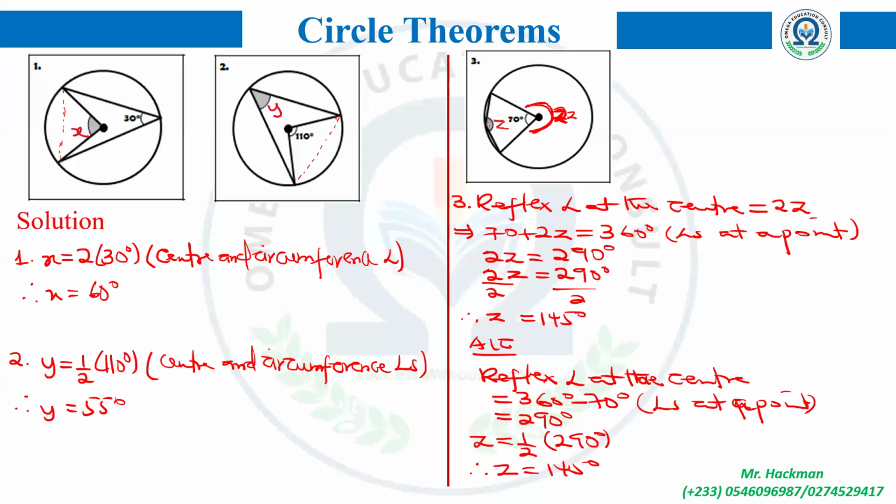But these two angles are not directly related. You remember in the video, you were told that for the center and circumference angles to be related, the direction of the arcs forming the angle must always be the same. If you look at the direction of this angle, the arc forming it is this way. The arc here is opposite. So they are not in the same direction. Do you agree with me?